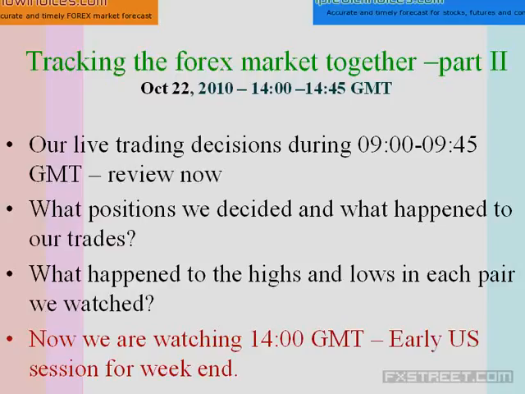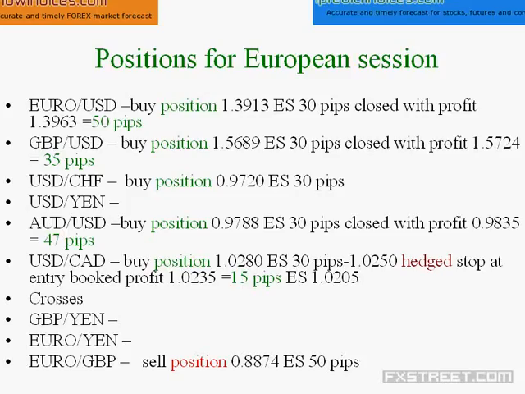So let me just explain the positions taken during the European session and what is the fate of it. So Euro, we decided to take a buy position because the focus was expecting the rise of the spike, but the spike did not happen, but there was a rise during that particular European session.